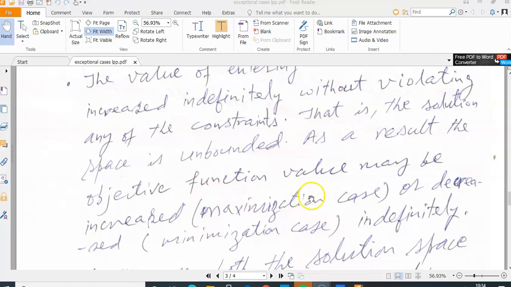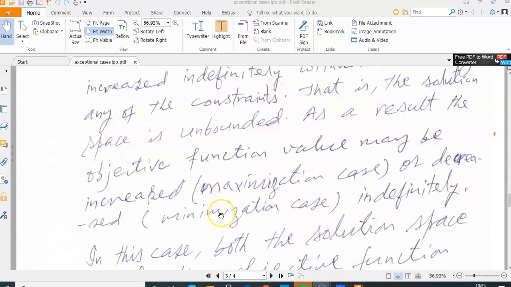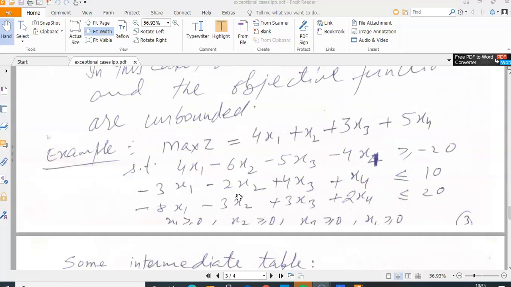As a result, the objective function value may be increased indefinitely in the maximization case, or decreased in the minimization case, because the value of the objective function depends on the values of the decision variables. So both the solution space and the objective function are unbounded.